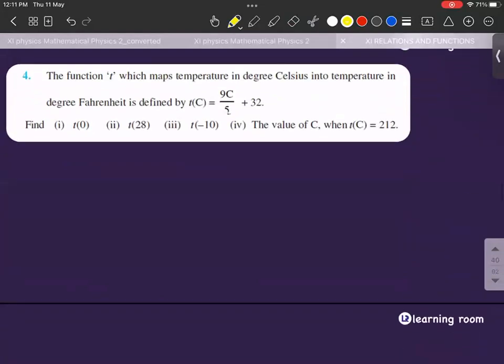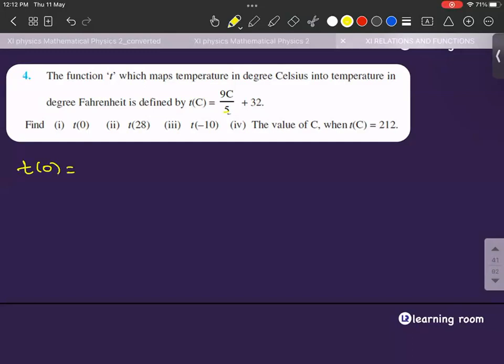So the function T, which maps temperature in degree Celsius into temperature in degree Fahrenheit, is given by T of C is equal to 9C by 5 plus 32. So what is T of 0?